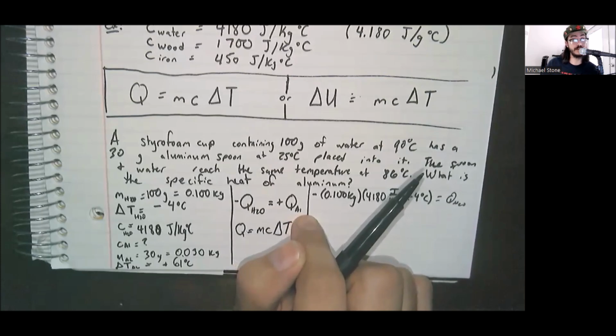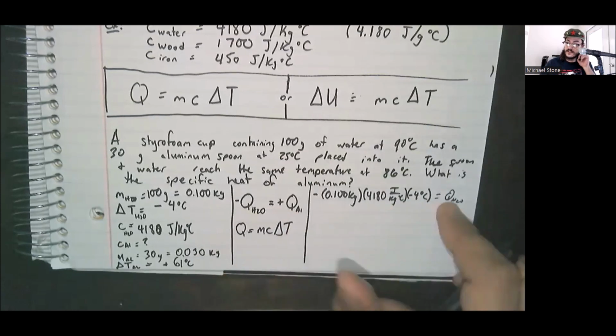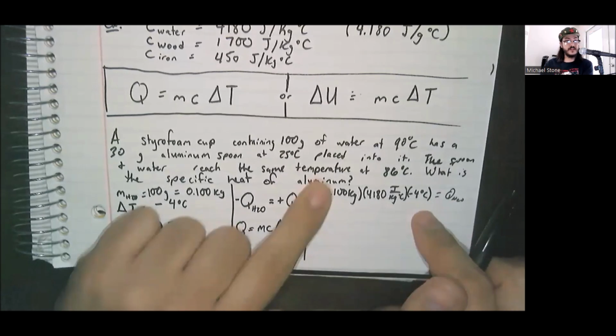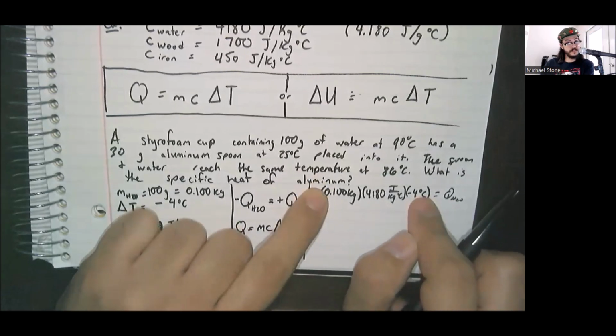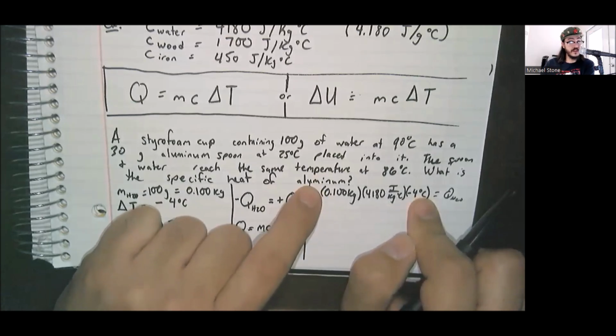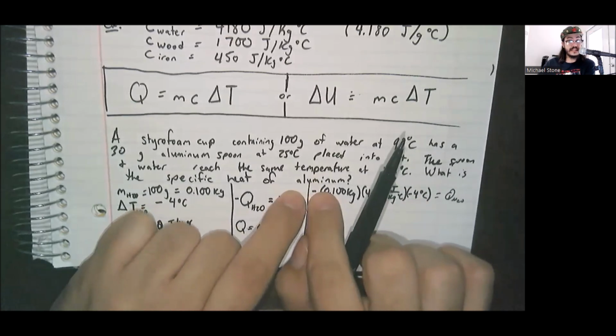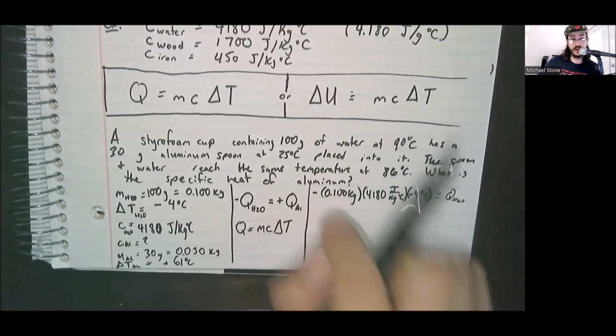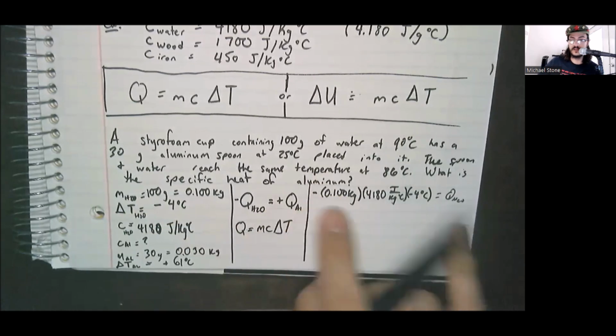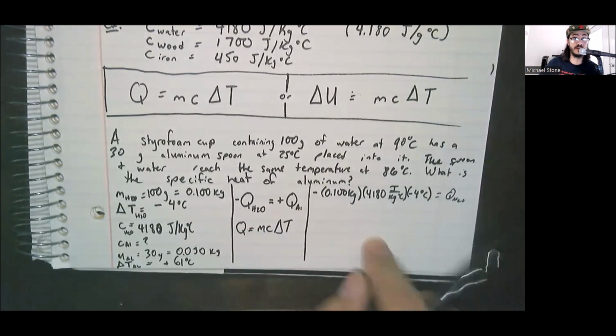A loss ought to be negative. I'm writing it down so that I actually get a positive answer. Temperature dropped, so that's a negative difference. And there is a heat loss, so my amount better be negative. The two negatives are going to give me the positive that I carry over to the aluminum.